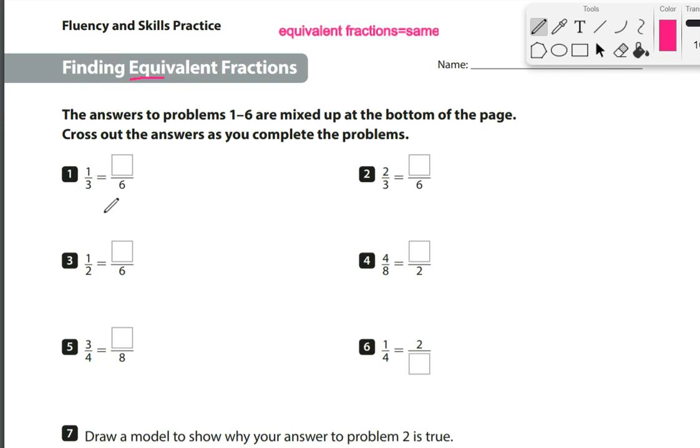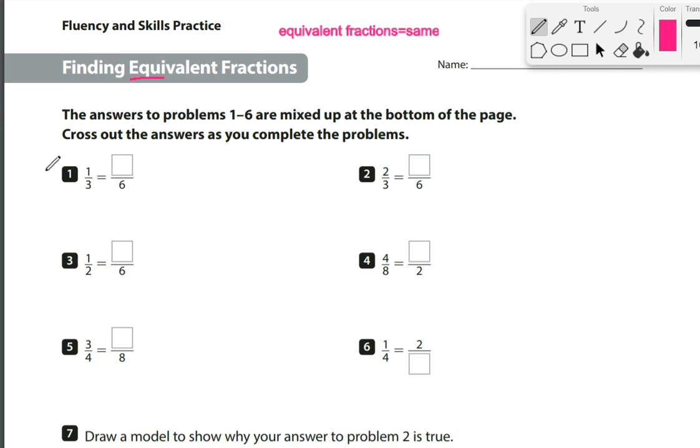So let's talk about the trick that we were learning for equivalent fractions. 1/3 is equal to something over sixths. What I do is I look at the relationship between the denominators, those are the numbers on the bottom, and I see this is a 6, and I see this is a 3, and I say, hey, I'm going to multiply this by 2.